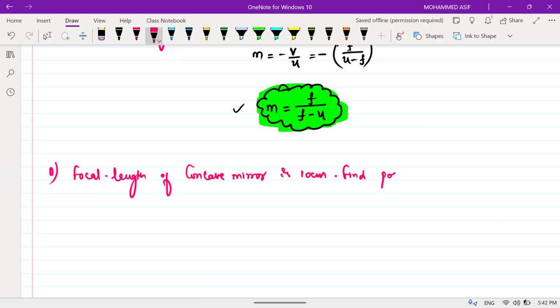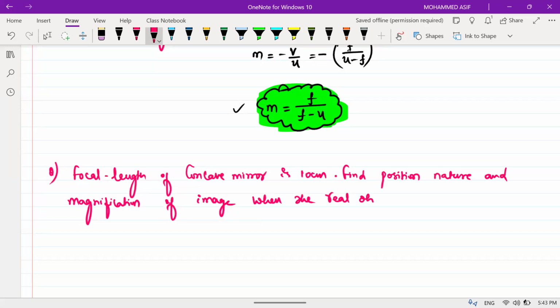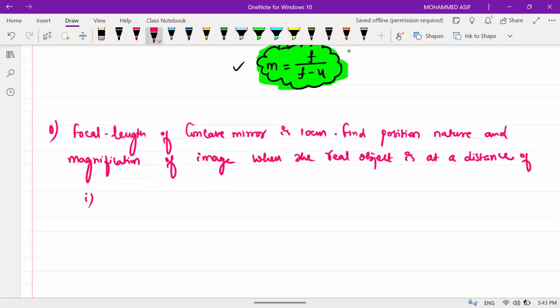Find position, nature, and magnification of image when the real object is at a distance of number one, 30 centimeters, number two, 20 centimeters, and number three, 5 centimeters.